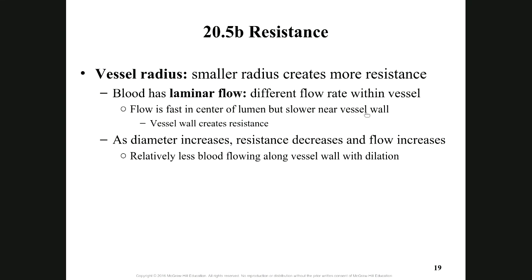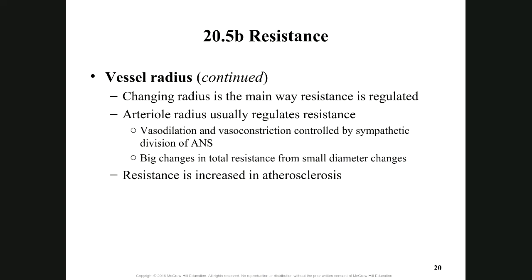So when the diameter of our blood vessel increases, the resistance decreases and the flow increases. And less blood flows along the blood vessel wall when we have dilation. So by vasodilation, the flow of blood increases.